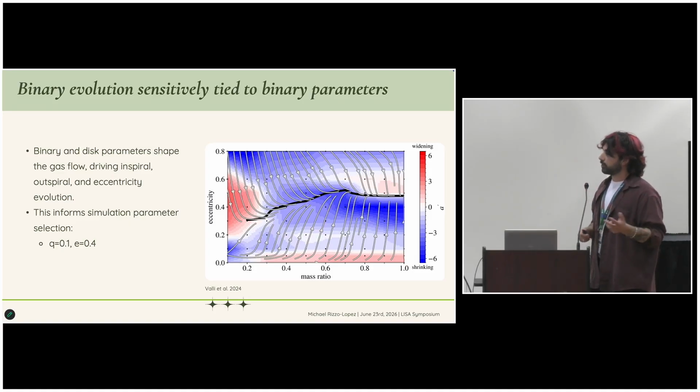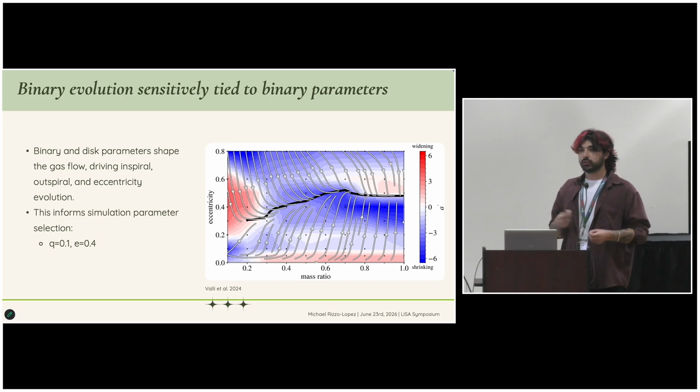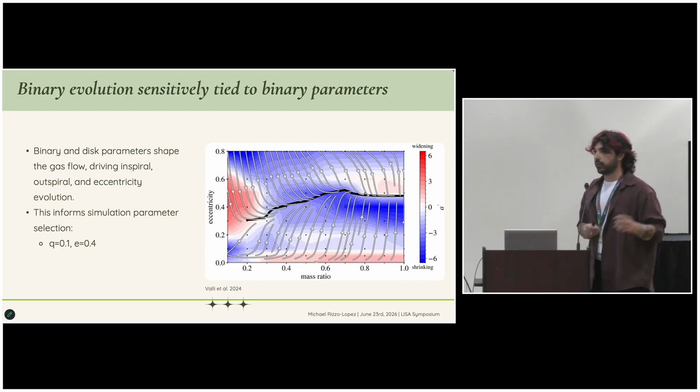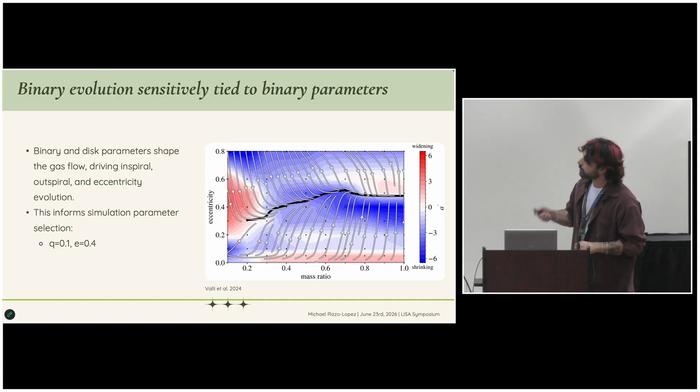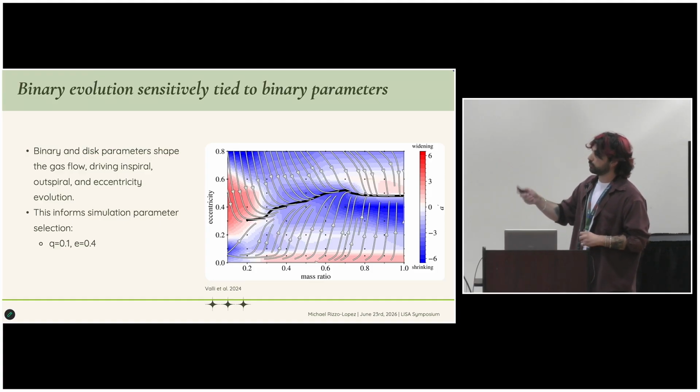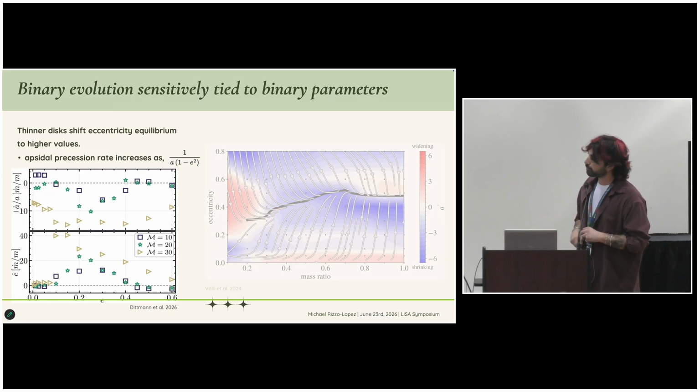There also exists this binary eccentricity equilibrium where you will either be pumped up to larger eccentricities or circularized. This sort of study motivated the initial parameter selection for this project, where we chose a 0.1 mass ratio at an eccentricity of 0.4, as that is a region that experiences an out-spiral. And then we also compare this to an equal mass binary.